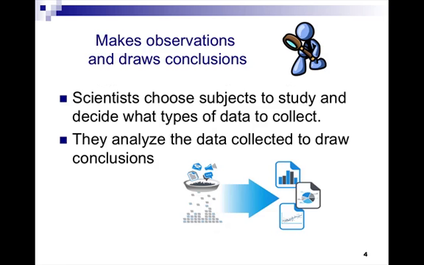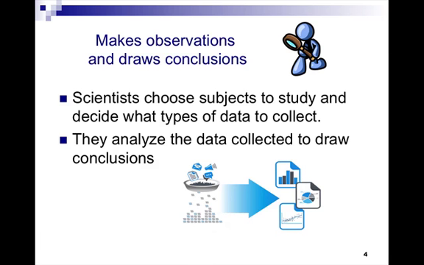In science, we make observations and then we draw conclusions. So scientists choose subjects to study and decide what types of data to collect. And there are many different types of data, and there are many different ways to collect data and draw a conclusion.